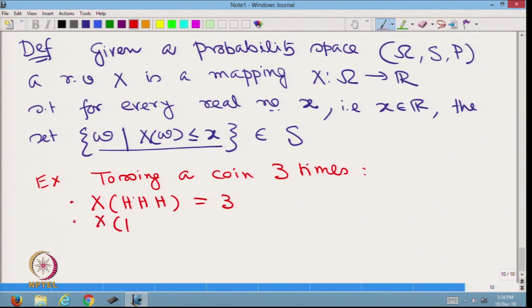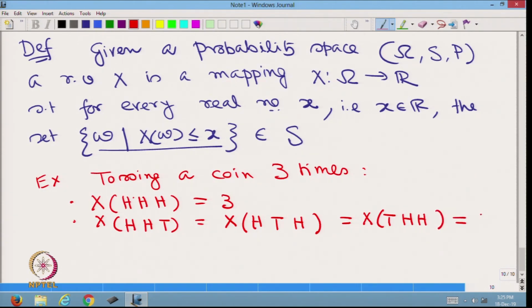X of HHT is equal to X of HTH is equal to X of THH is equal to 2, because all of them are giving us 2 heads.